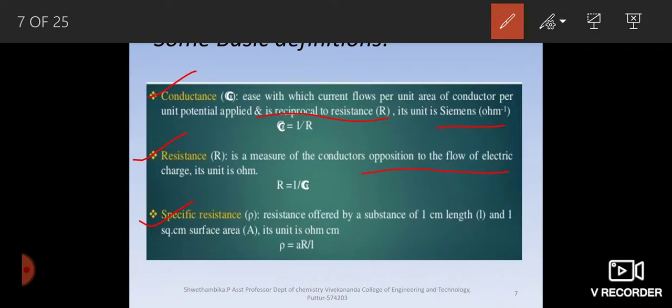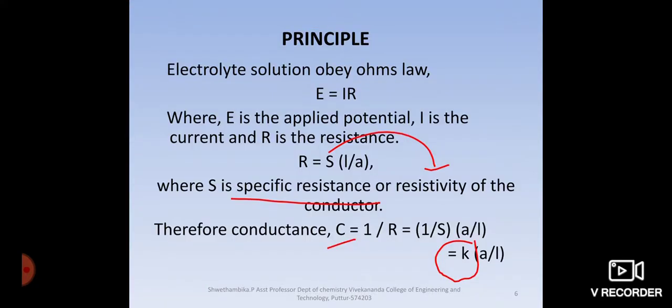Here it is written as rho. It could also be taken as S. So specific resistance is nothing but the resistance offered by a substance of 1 centimeter length and 1 square centimeter surface area. That means S is actually given as, we had a formula from the previous derivation.